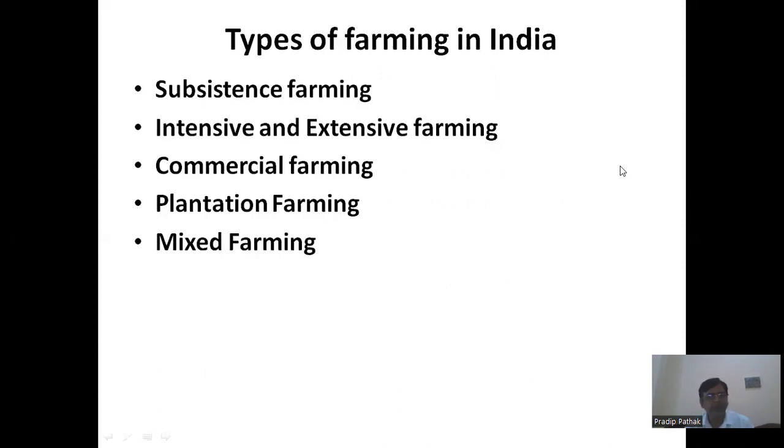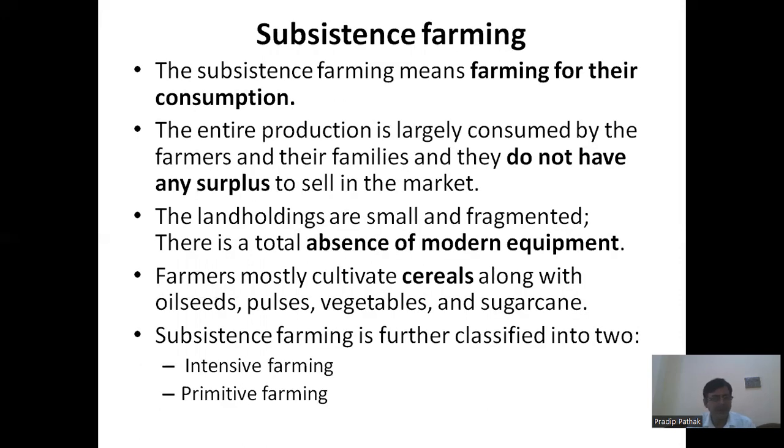So let us see what the types of farming in India are. These are the major types: subsistence farming, intensive and extensive farming, commercial farming, plantation farming, and mixed farming. We'll see them one by one. The first one is subsistence farming, which you can say is hand to mouth. The farmers don't grow for selling; they just grow for their own consumption.